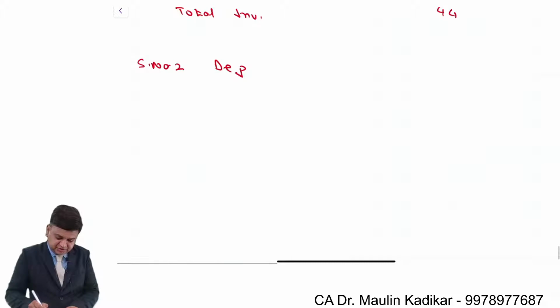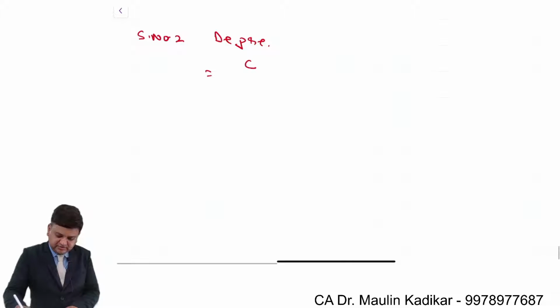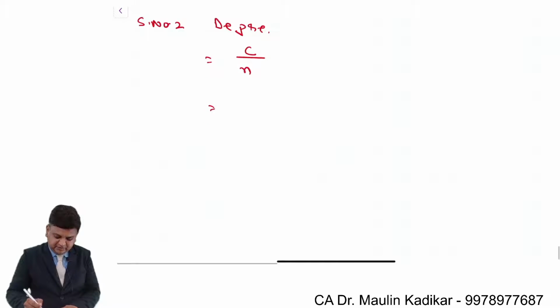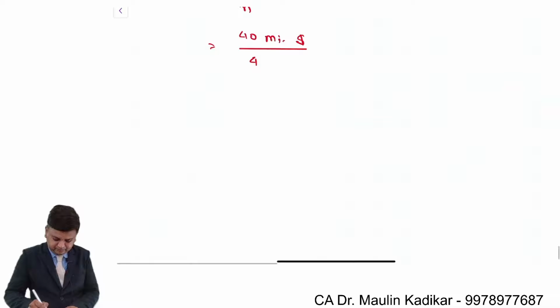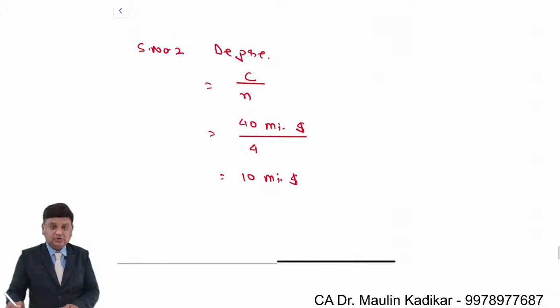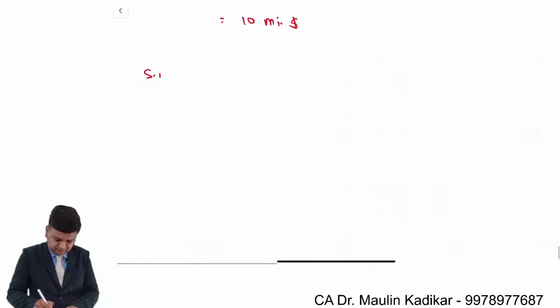Step number 2, depreciation. It is cost divided by number of years. What is the cost? It is $40 million divided by 4 years. So it is $10 million. Step number 3, terminal cash flow.